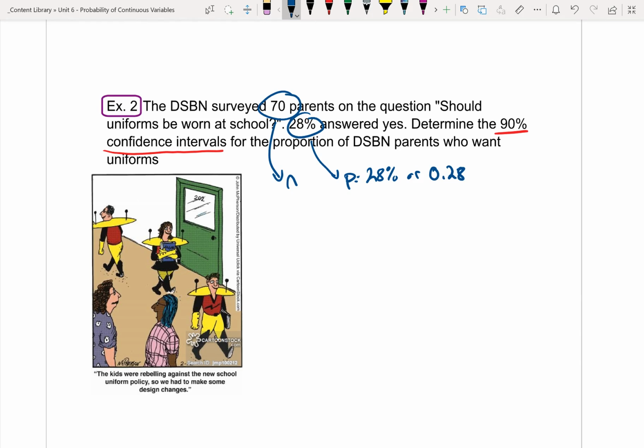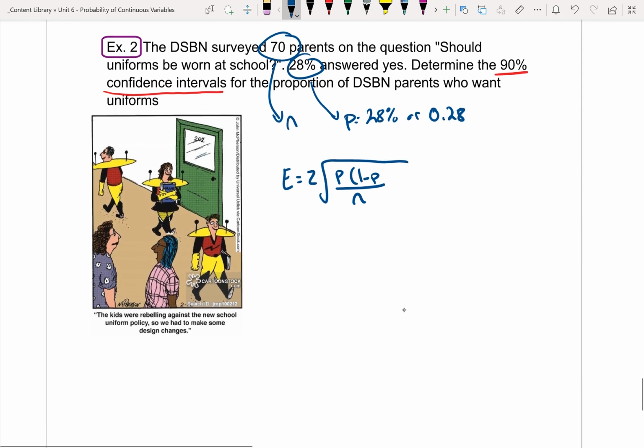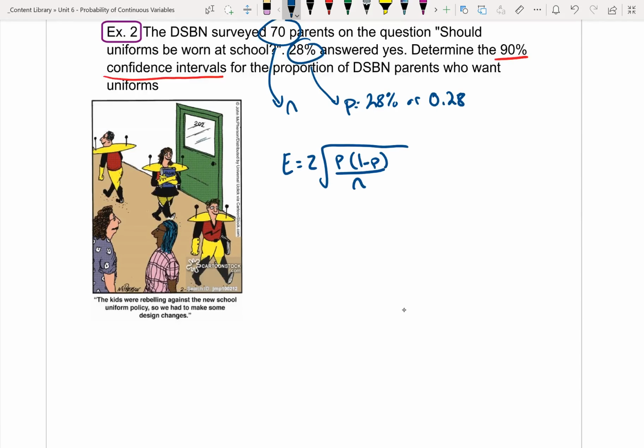So because I'm dealing with a proportion or percent, I'm looking for my margin of error using the formula z score times the square root of p times 1 minus p divided by n.